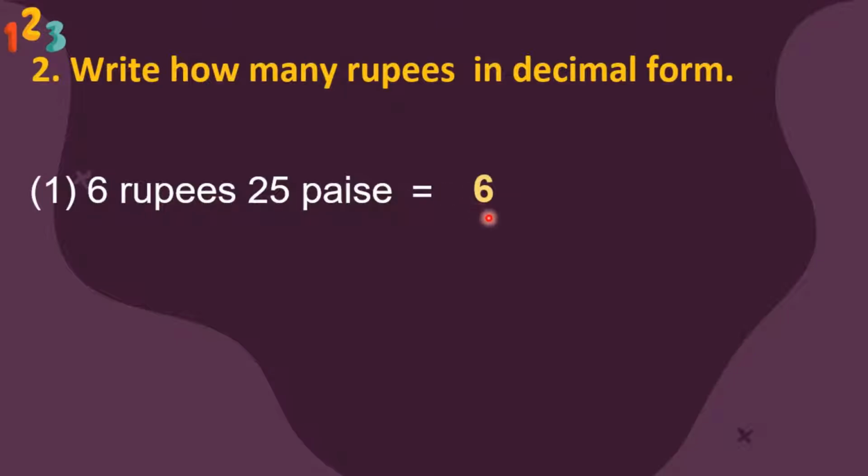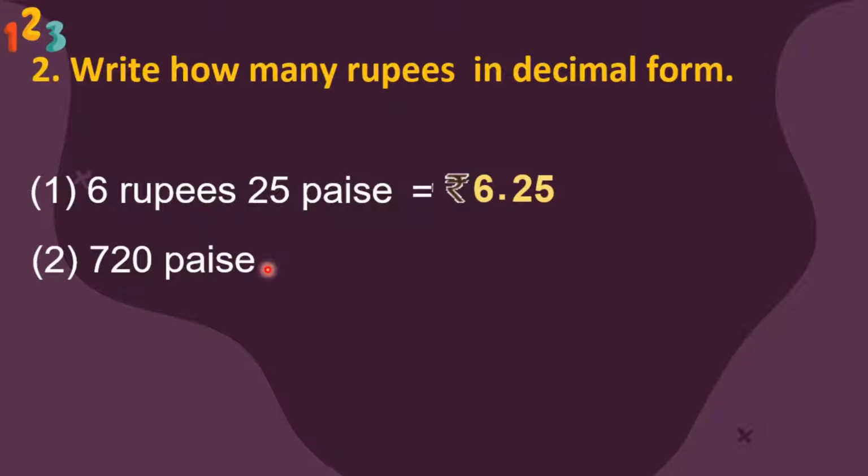So we write 6 and then the decimal point, and paise we write as the decimal part. So we write 25 after the decimal point, and then we say 6 rupees and 25 paise can be written, using a decimal point, as rupees 6.25.